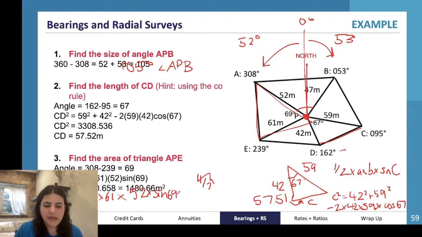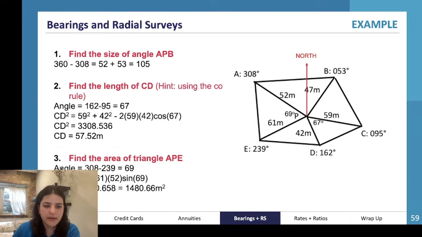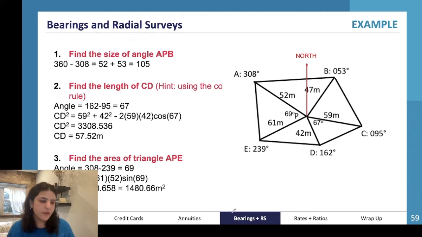And that'll give us the answer, 1,480.66 meters squared. A lot of writing on that slide. Hold on, I'll just erase all that ink and you can see those answers a little clearer now. There you go.